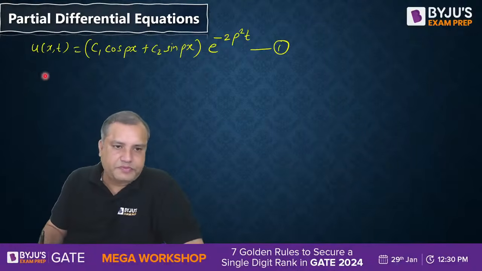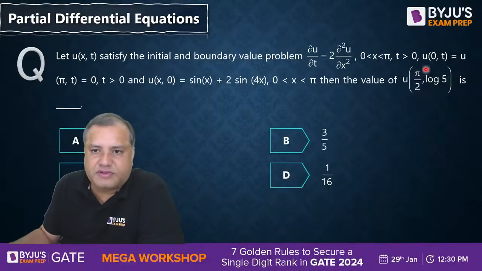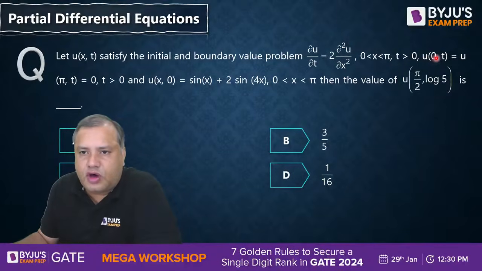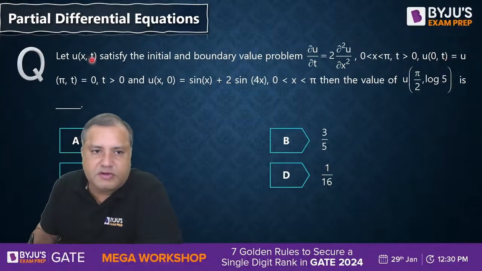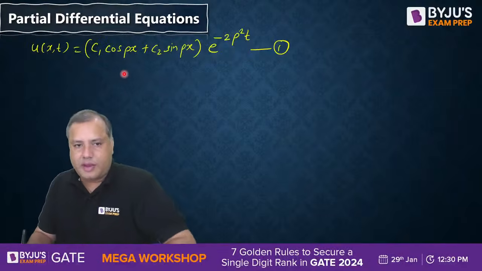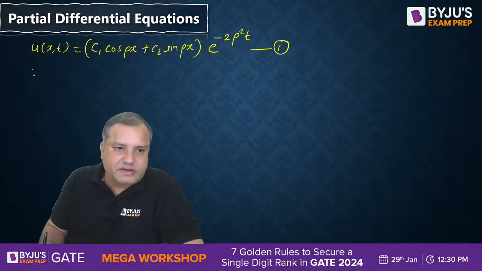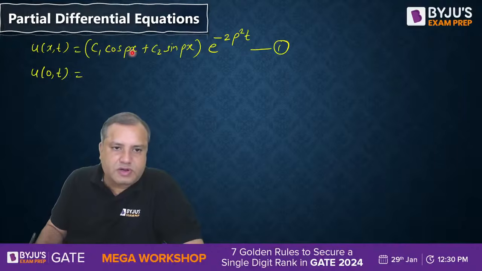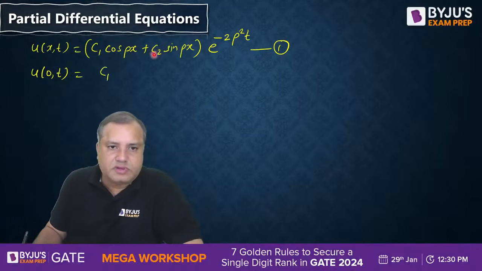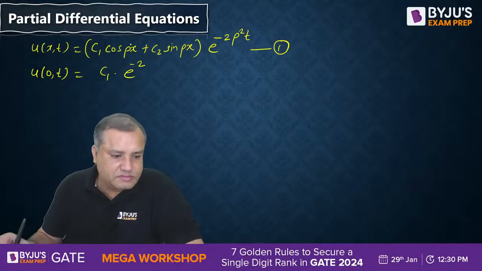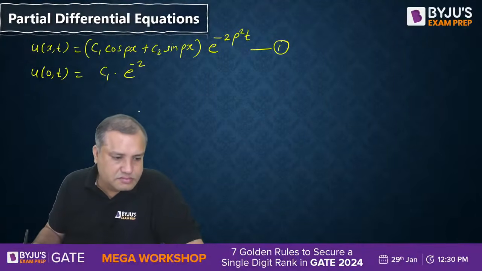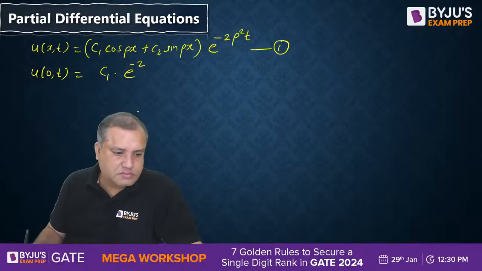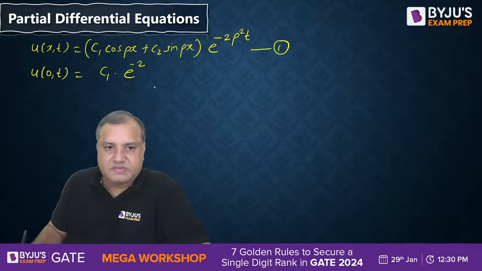Now I am applying first condition. What is the first condition? U of 0 comma t equal to 0. So I am putting x equal to 0. So C1 cos 0, C2 sin 0 is 0, e to the power minus 2 p square t.